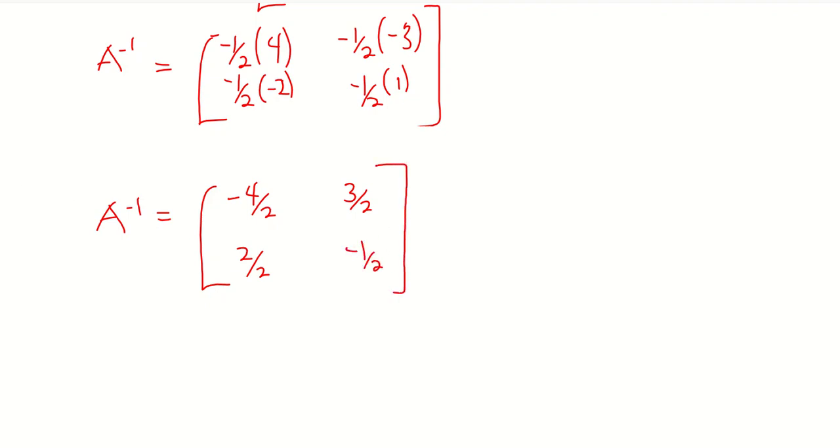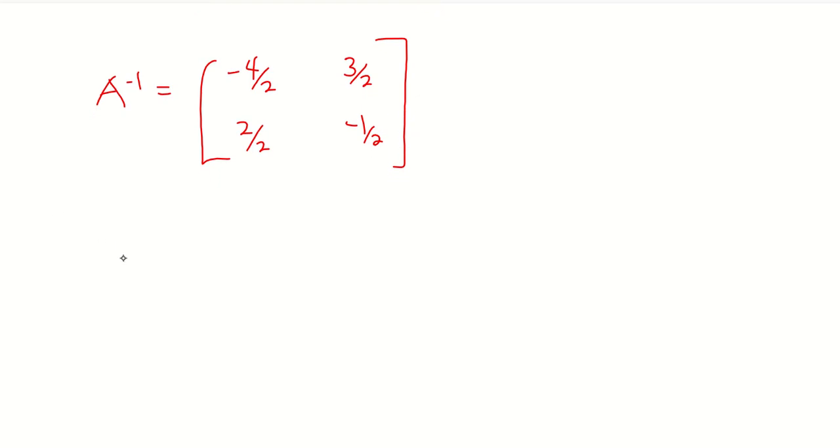And we can further simplify this, and when we simplify, we have A inverse equal to, now minus 4 out of 2 is minus 2, and 3 out of 2 is the same thing. At this point we have 1, and at this side we have negative 1 out of 2, and this becomes the value for A inverse.